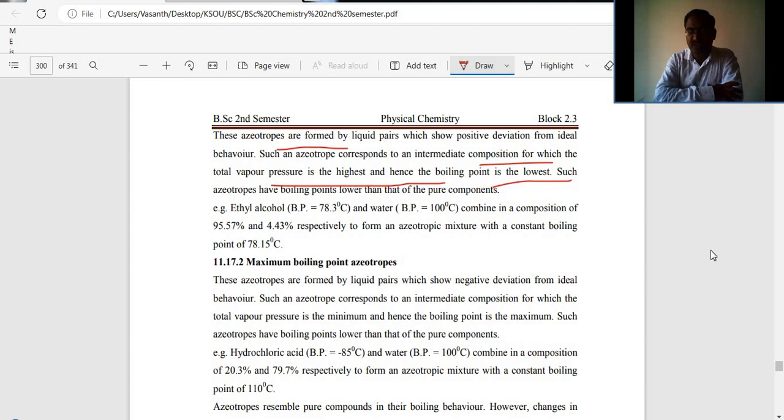Such azeotropes have boiling points lower than that of the pure components. As an example of minimum boiling azeotropes, ethyl alcohol and water combine in a composition of 95% and 5% respectively to form an azeotropic mixture with constant boiling point.